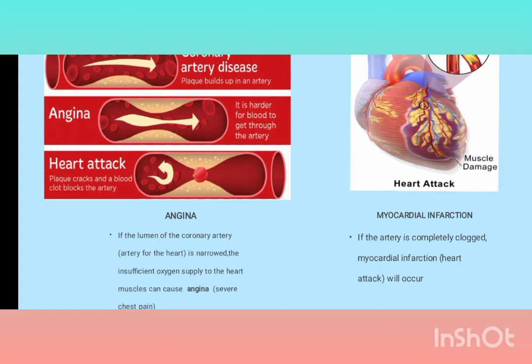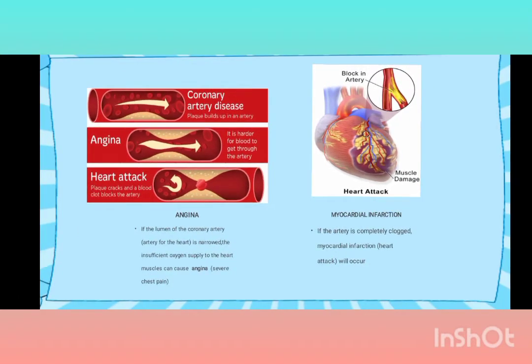So, yes, the plaque will build up and it is harder for blood to get through the artery. So it can cause heart attack and cause the blood flow back.